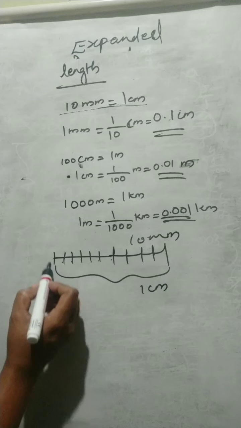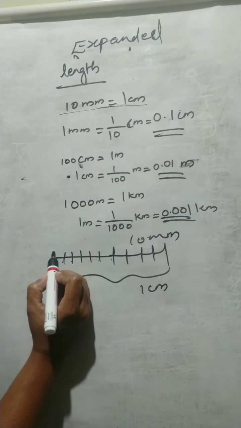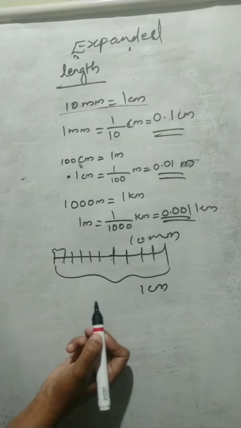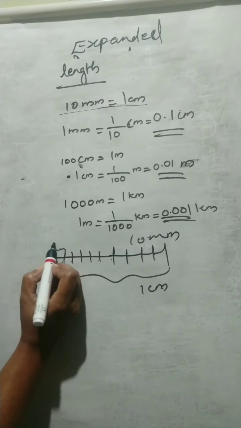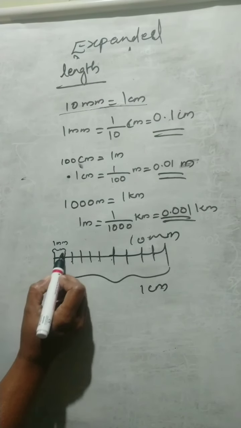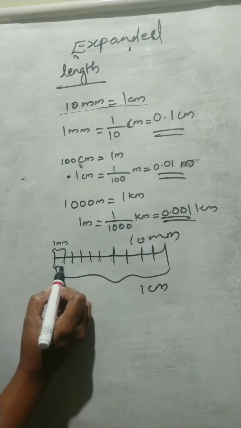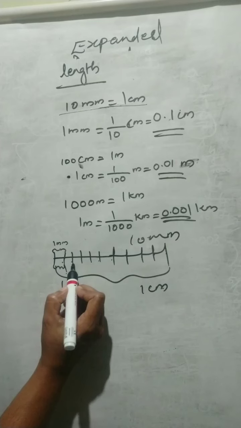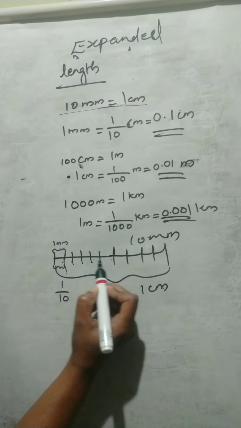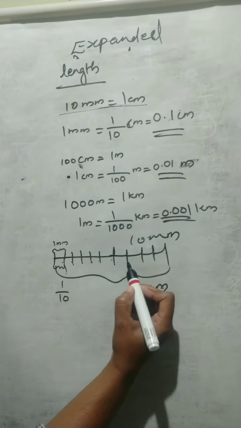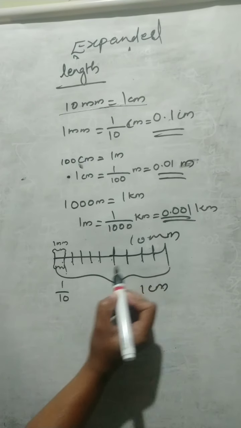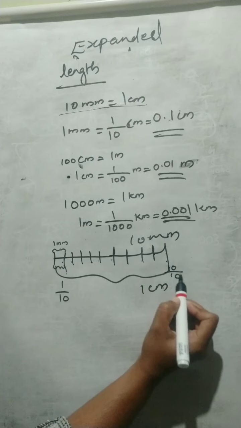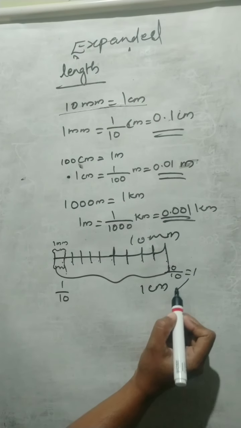Then this 1 millimeter will be equal to 1 on 10. This is 1 on 10, 2 on 10, 3 on 10, up to 10 on 10. 10 on 10 will be 1. That will be 1 centimeter.